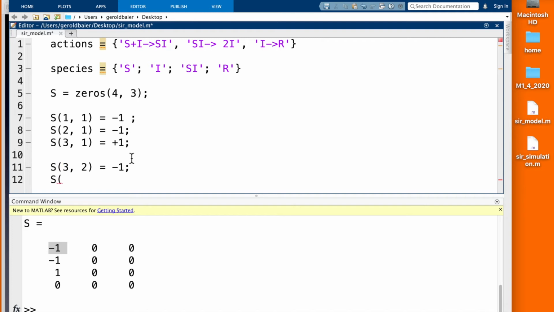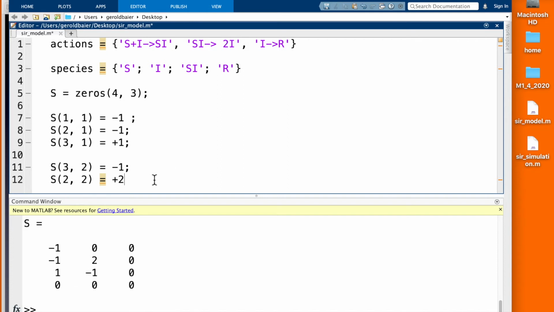We produce 2 infected persons. So the species number 2 in that second reaction will increase by 2, right? We get 2 out of it. That's what it says here. From one contact pair by dissolution we get 2 infected. So that should be number 2 added.